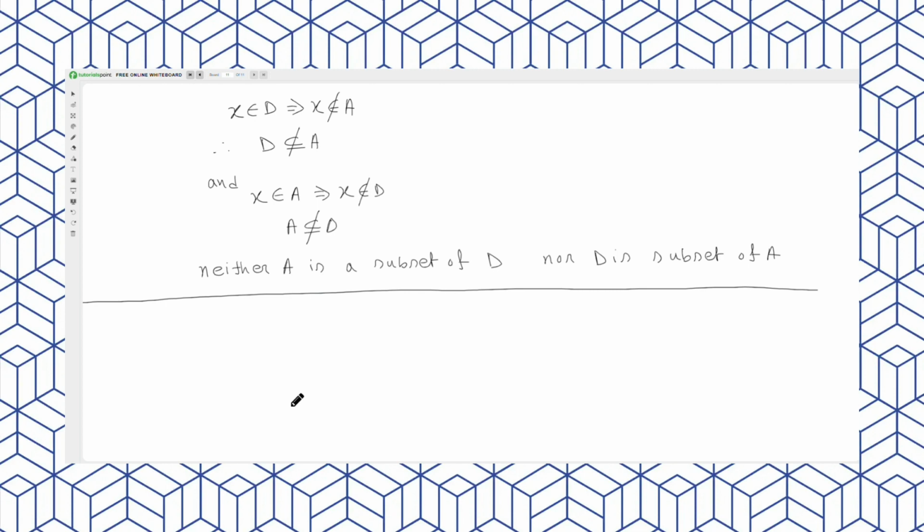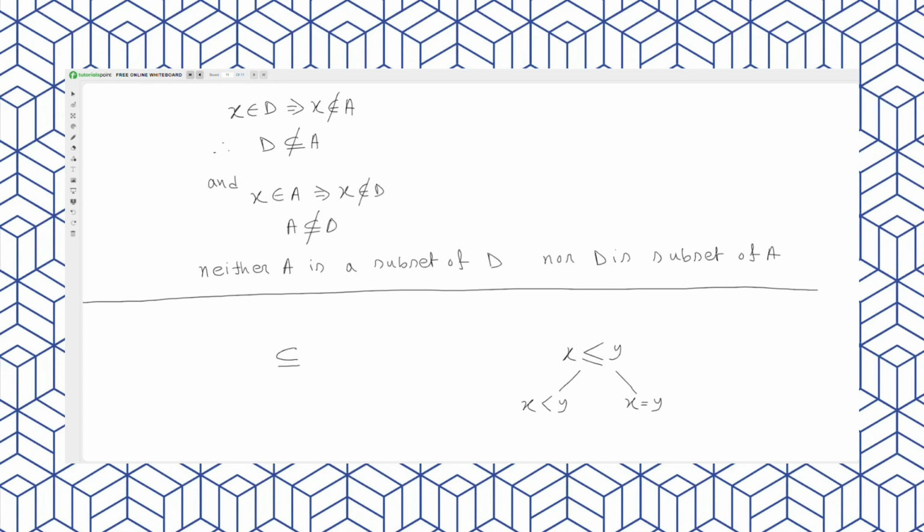Let's compare the symbol. This means less than or equal to. So if we write x less than or equal to y, where x and y both are unknown to us, it means that x is less than y or x equals y.